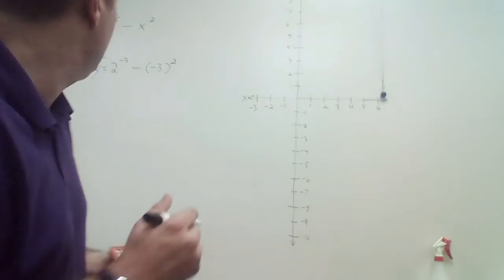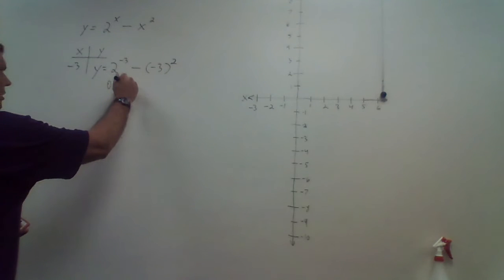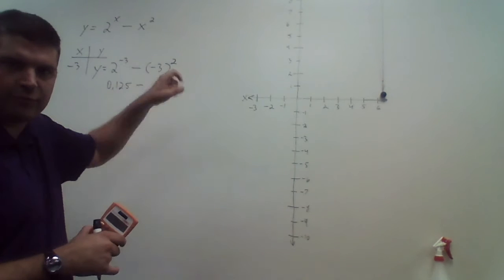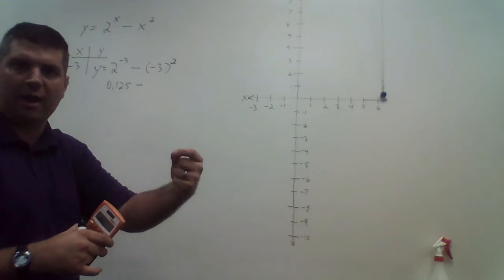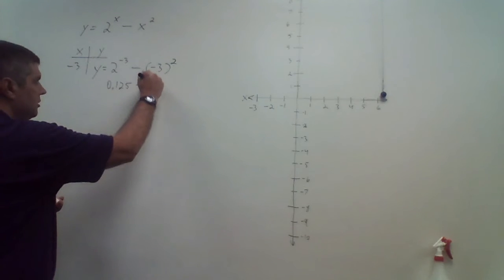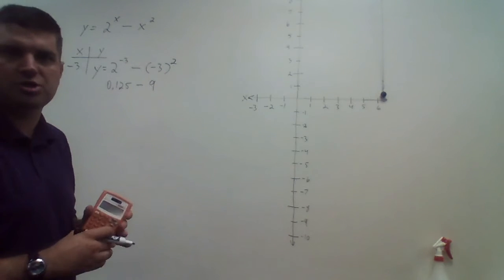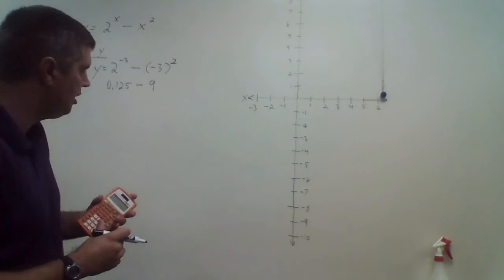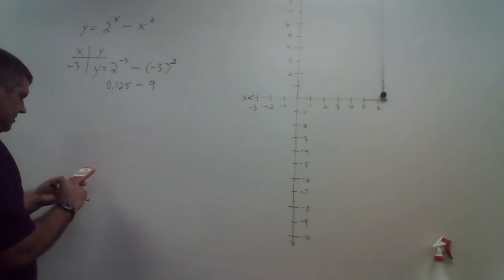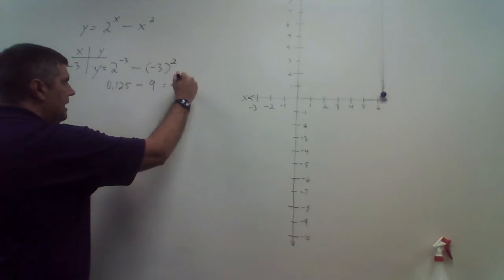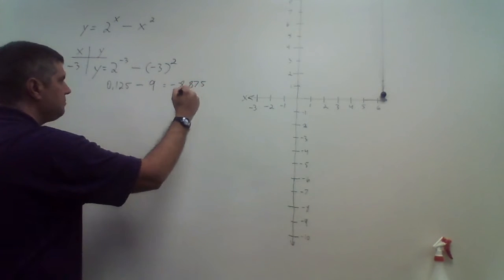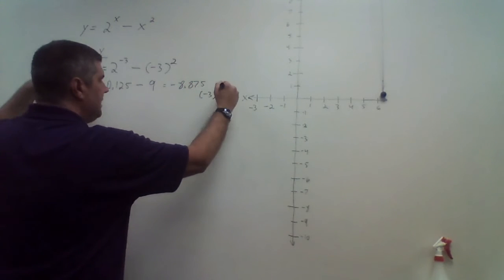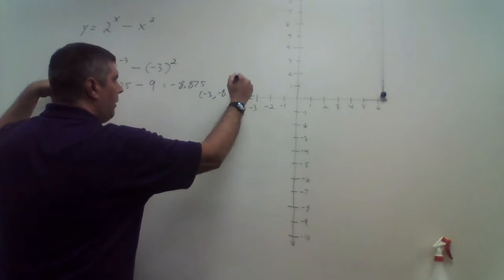So 0.125 minus (-3) squared, which is -3 times itself. -3 times -3 is +9, because anytime you multiply two negatives or two positives, it's positive. If it's opposite signs, you're going to get a negative. So 0.125 minus 9 is -8.875. So my first point is -3 as the x-coordinate, and -8.875 will be the y-coordinate.